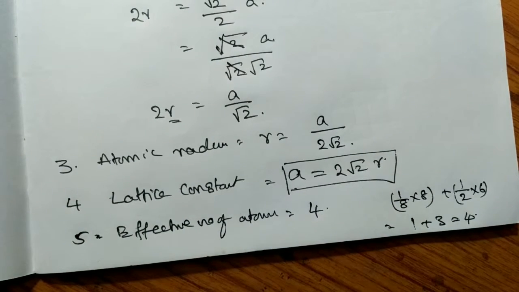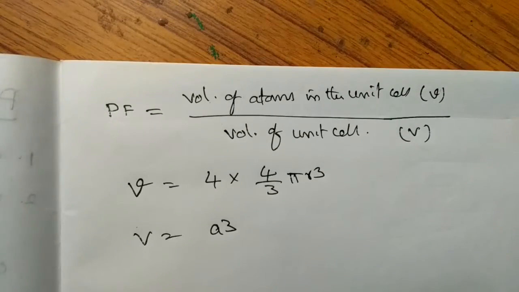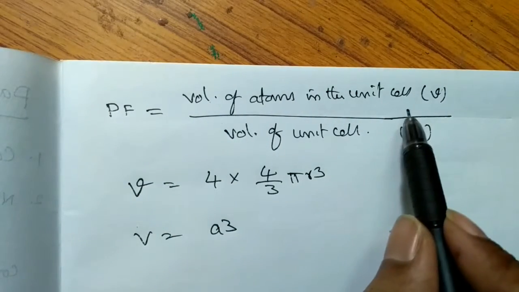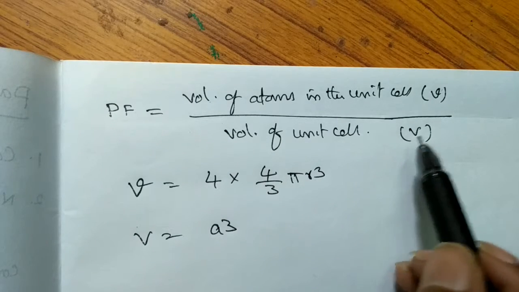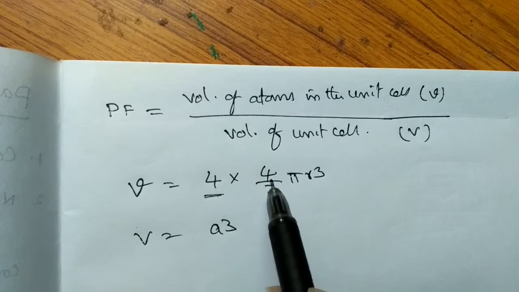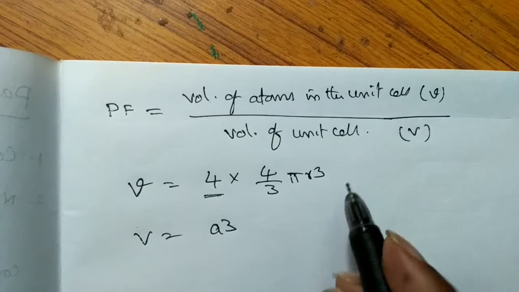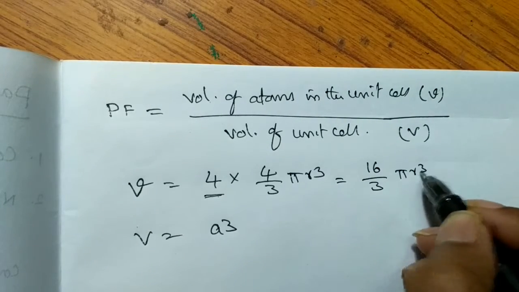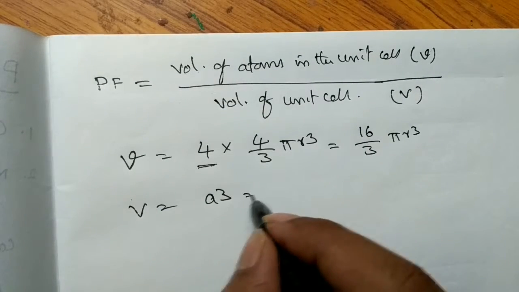Now I have to find the packing fraction of this FCC. The last point is the packing fraction: the volume of the atoms in the unit cell, small v, divided by the volume of the unit cell, capital V. Now we know the volume of the atoms in the unit cell. 4 atoms are there, and 4 by 3 pi r cube gives the volume of each atom, so that is equal to 16 by 3 pi r cube. The volume of the unit cell is A cube.